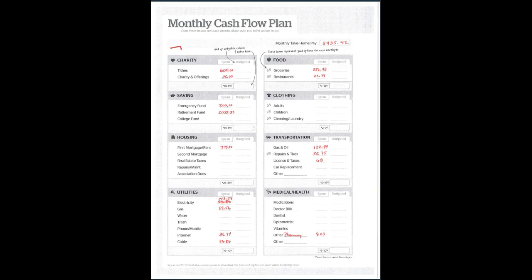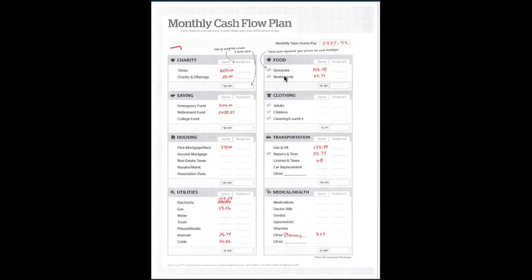So just to explain this budget, we're going to take all of our regular income that we can count on coming in for the month and put it right up here in the monthly take-home pay. All right? Next, we're going to break down those major categories.